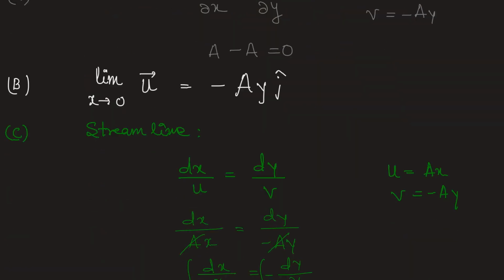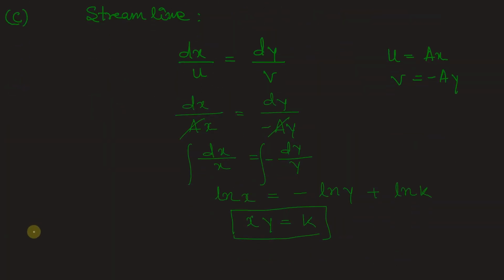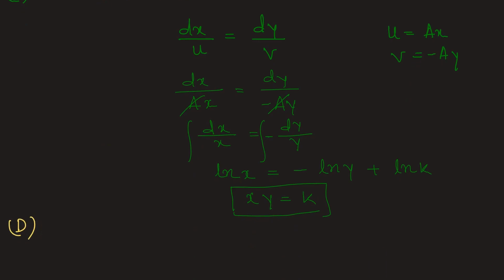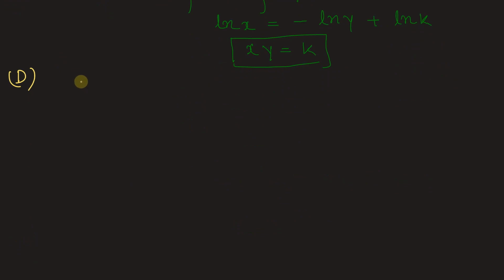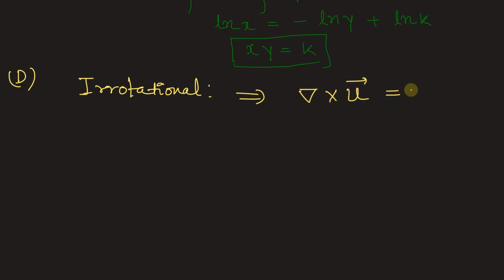It says the flow field is irrotational. Option D says the flow is irrotational. For the flow field to be irrotational, it must satisfy the condition that the curl of the velocity vector must be 0.